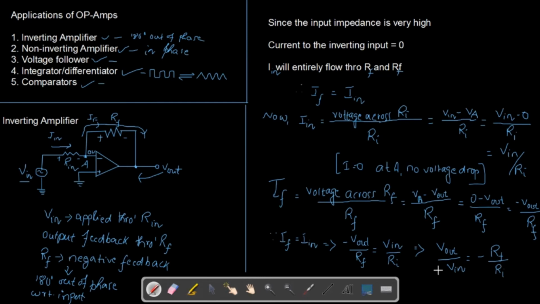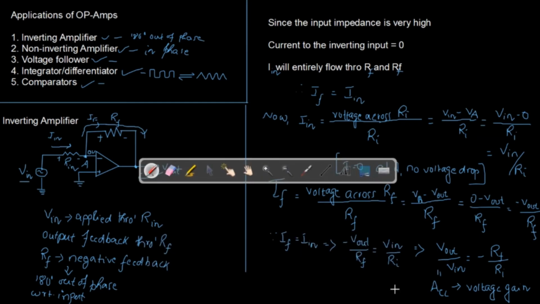And V out by V in is nothing but, if you remember, we have discussed it before, this is written as ACL. And what is ACL? ACL is nothing but the voltage gain. Okay, so this is important. And on top of that, if we want to say why there is a negative sign, this negative sign implies 180-degree out of phase.